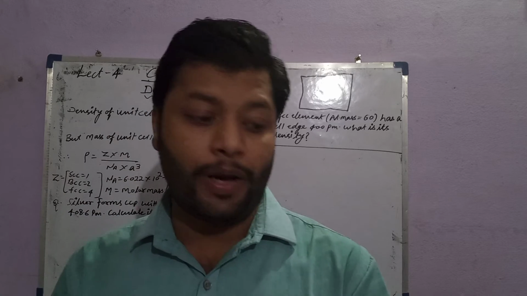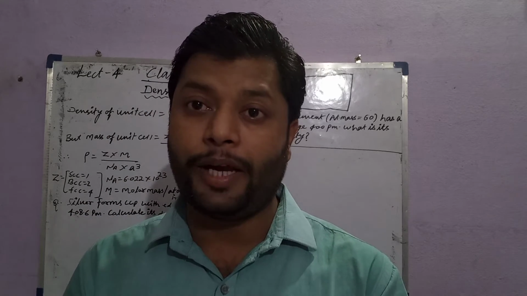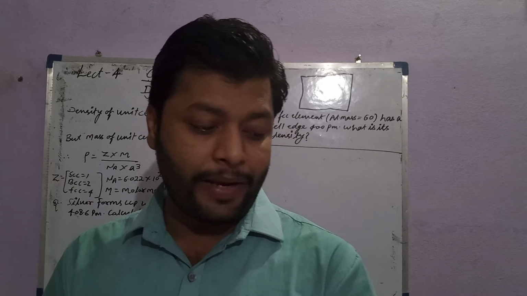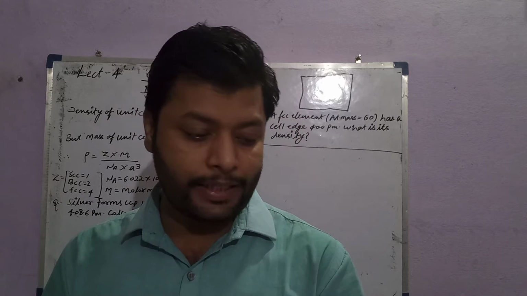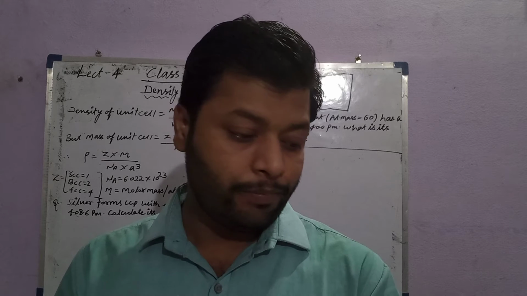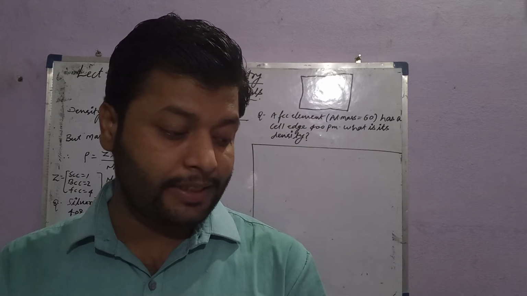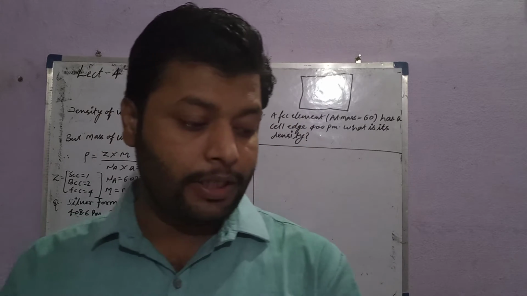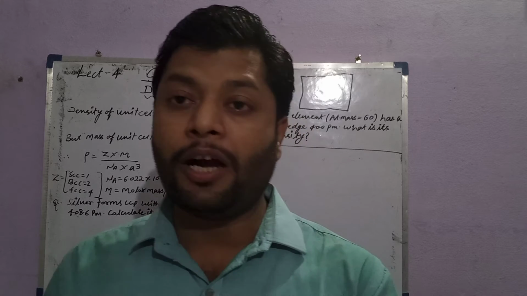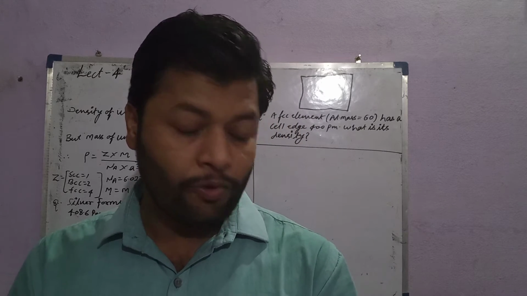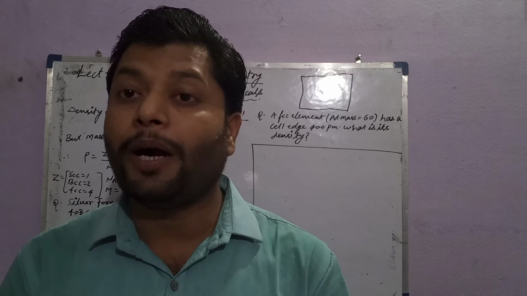So let's discuss one question. A compound is formed by two elements X and Y. Atoms of element Y as anions form CCP, and those of element X as cations occupy all the octahedral voids. What is the formula of the compound?